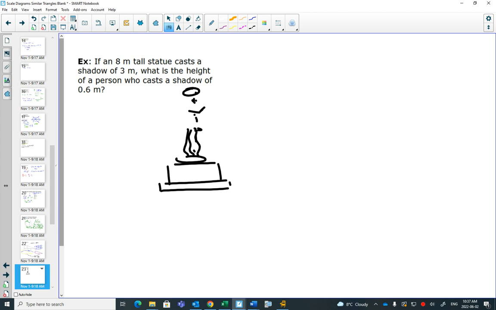Wait, what? Why are we drawing this? There's a statue, 8 meters tall. Casts a shadow 3 meters long.